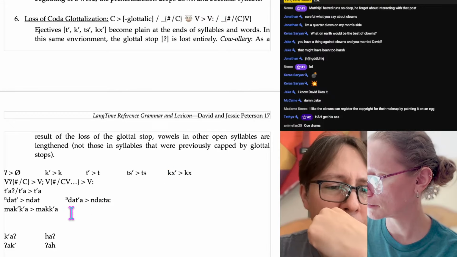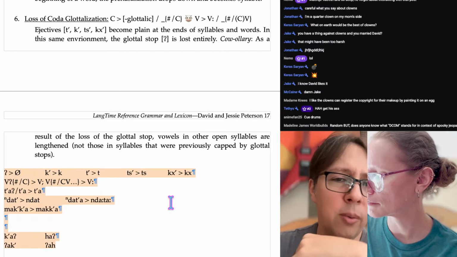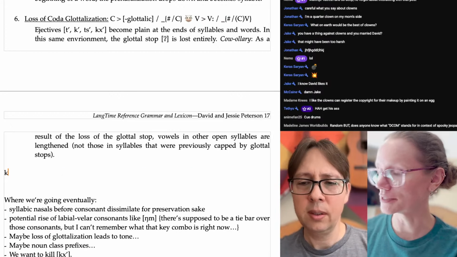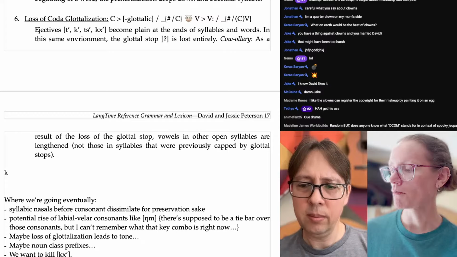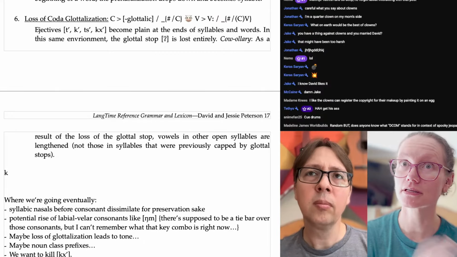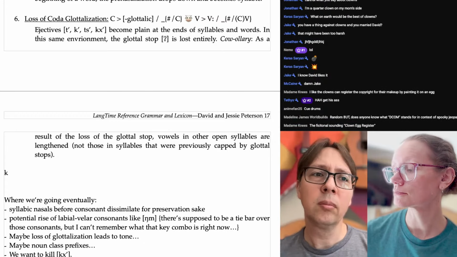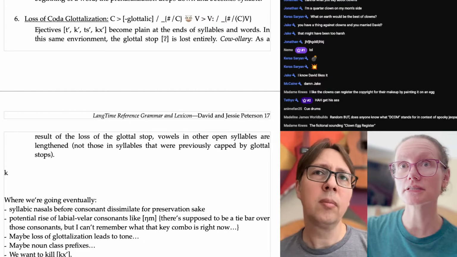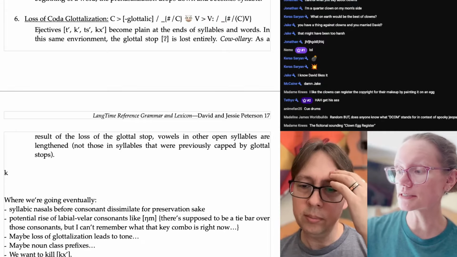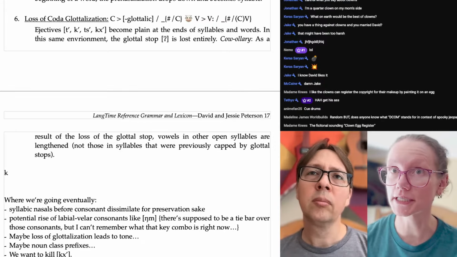Okay, I'm gonna get rid of this and this because now we need some test forms. I don't remember our stress rules. Oh, I was just making notes on that because I'm about to do that in Lexergy. Yeah. It goes on the final syllable unless the penultimate syllable is heavier than the final syllable. And we have 3 levels of heaviness, where an open syllable with an ah vowel is considered heavier than an open syllable with a non-ah vowel. Right. A coda is considered heavier, and the heaviest is ah followed by coda.